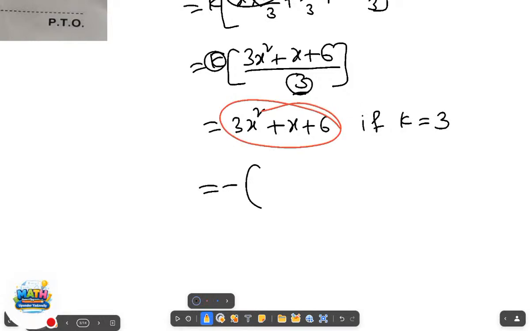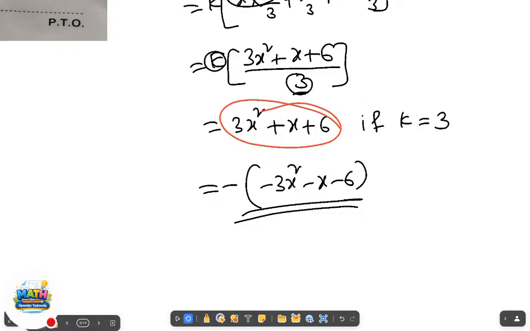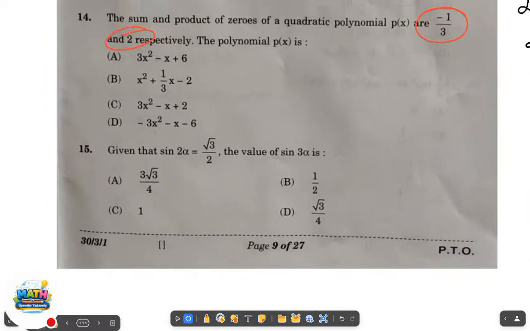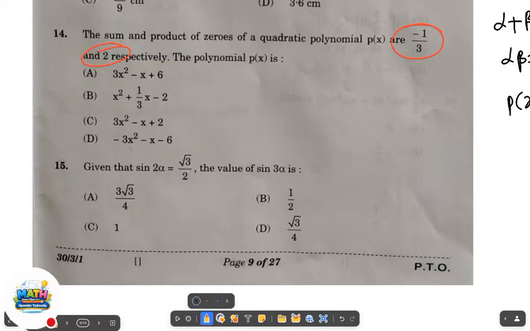Minus 3x square minus x minus 6. Do we have this option? Minus 3x square minus x minus 6. Yes, option D. Option D is the right answer.